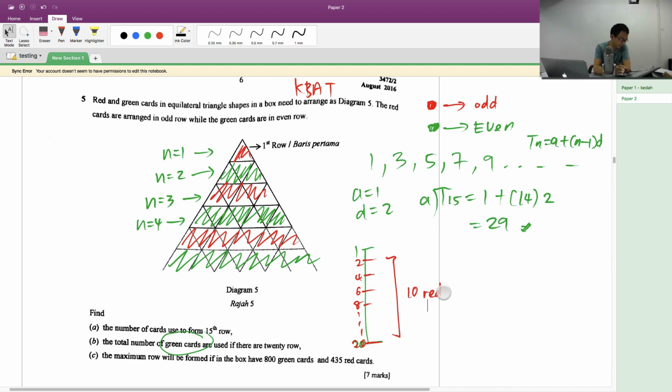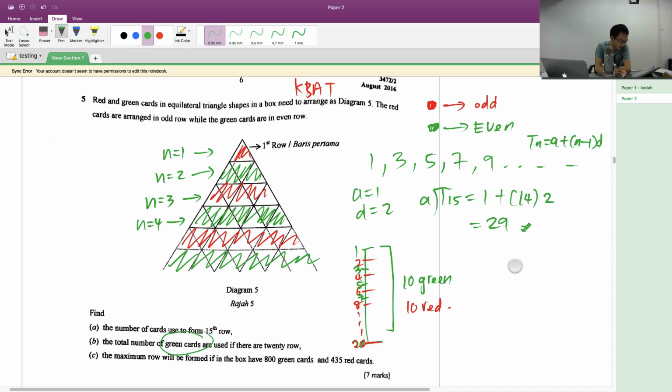Alright, so now the question asks about green color. Why am I doing red? That means here we have 3 is green, 5 is green, 7 is green. So we have 10 green as well. So basically you have 10 green and 10 red if the question asks about 20. Alright, so what I want to do over here is form a new sequence using the green color ones.